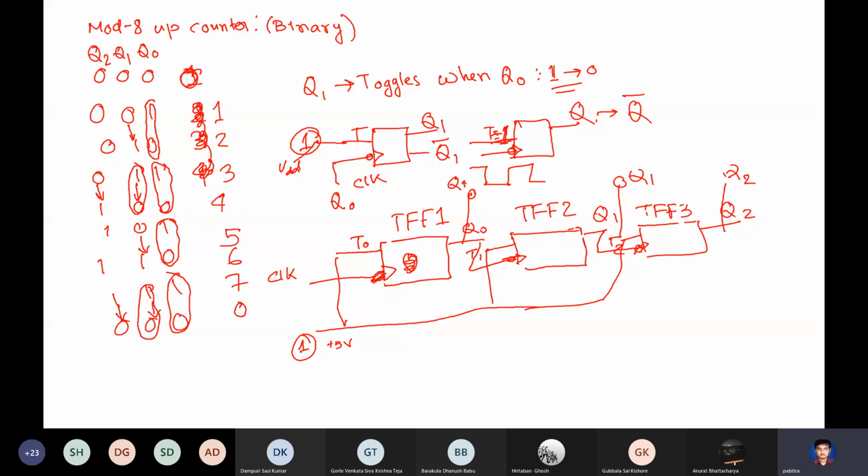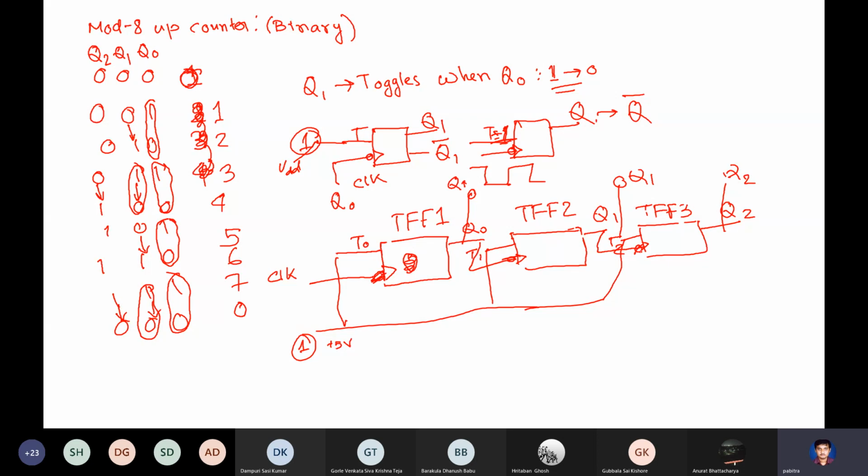We'll soon see that you can convert a positive edge triggered flip-flop to a negative edge triggered flip-flop by additional gates. So we'll soon have a circuit which will change the mode of this flip-flop from positive edge triggered to negative edge triggered, depending on a mode input.